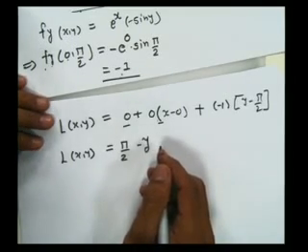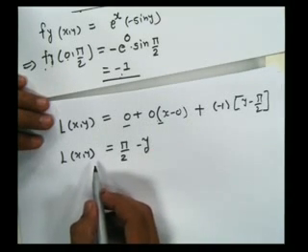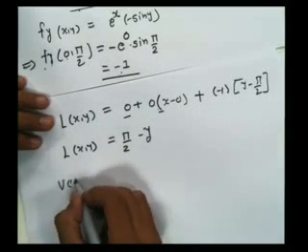We can verify that this function L of x y will behave almost the same at the point 0 comma pi by 2 as the given function e raised to x into cos y. Let us verify this.